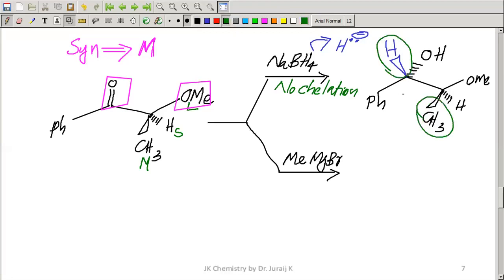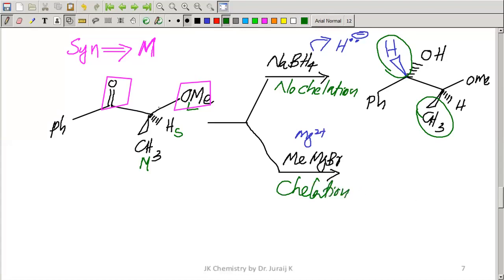So the nucleophile will be in the same position as the medium group. Now, second situation. You can easily see magnesium, Mg2 plus. It can show chelation with the compound. Now, here chelation plays a role, based on the Cram chelate model.